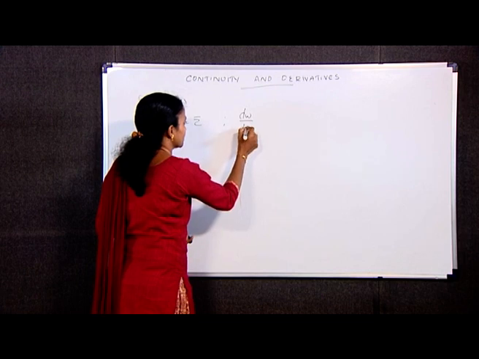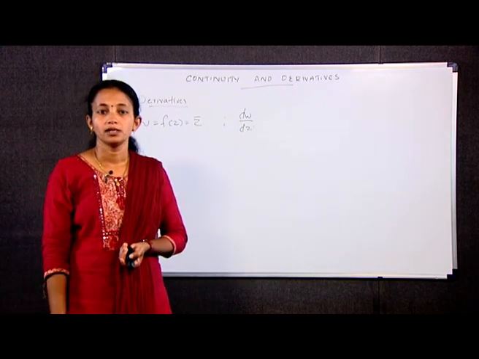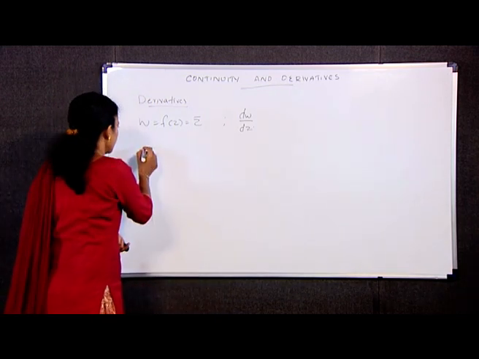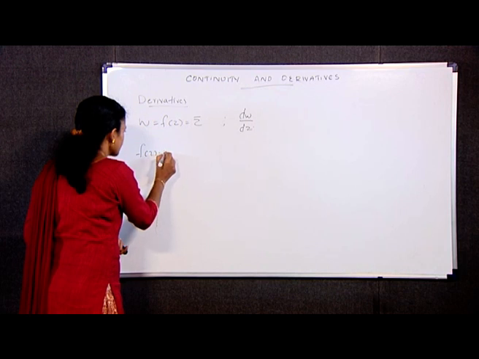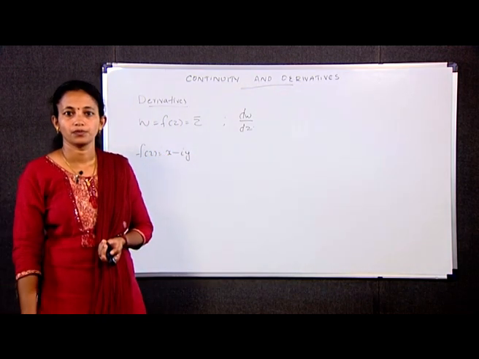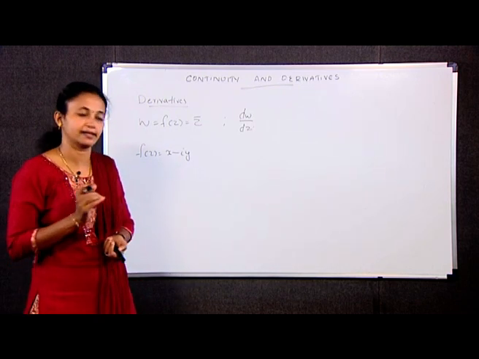We have to show this. Here we have f of z is equal to z bar, which we can write as x minus iy. We write delta z is equal to delta x plus i delta y.